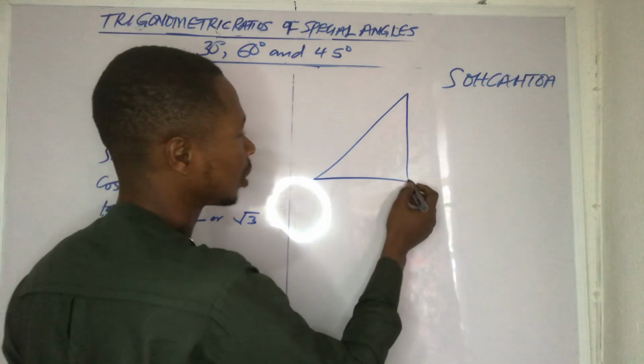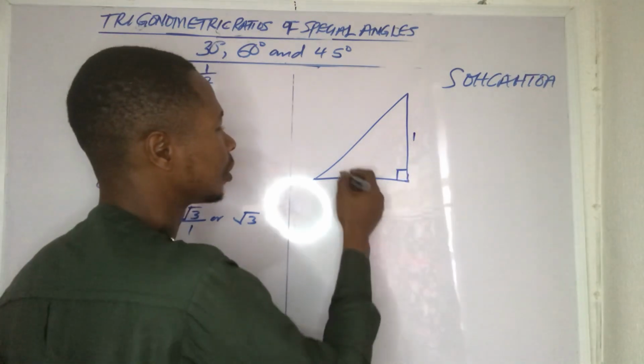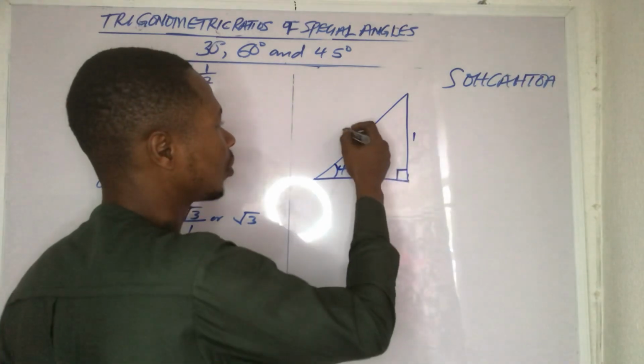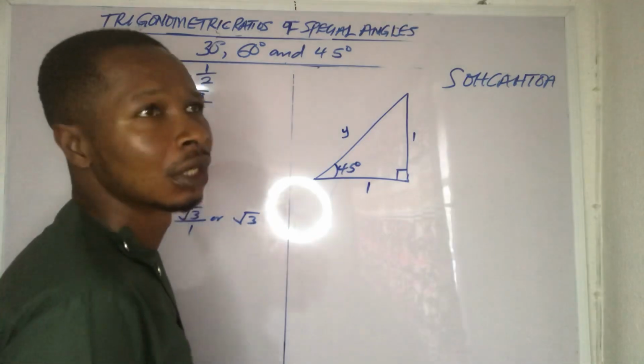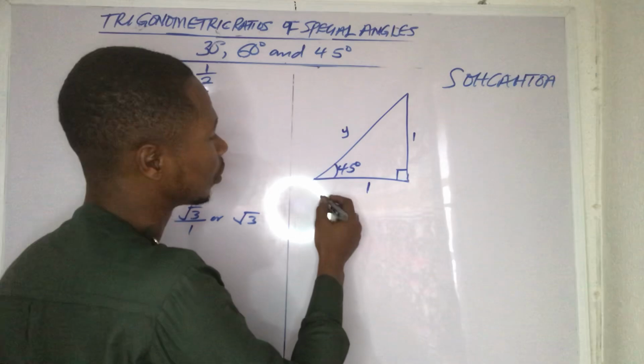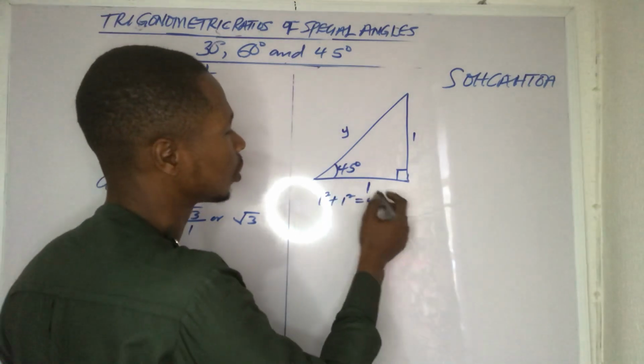The sides are 1 unit, and the angle here is 45 degrees. If I want to get this hypotenuse, then using Pythagoras theorem, I will have 1 squared plus 1 squared equal to y squared.